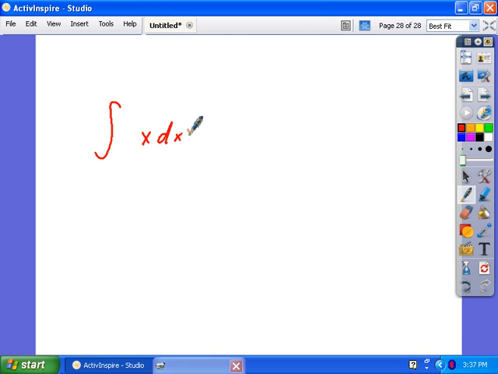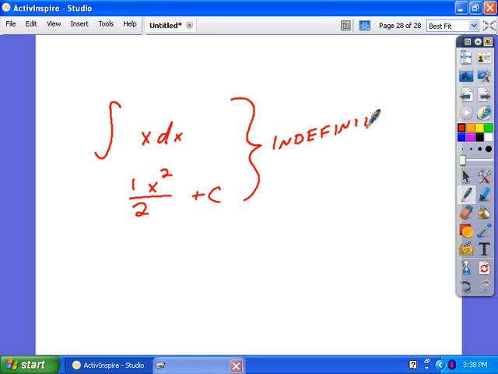When we had done this before, you take the exponent 1 plus 1, x squared, 1/2 x squared plus c. This is an indefinite integral. The reason it's called an indefinite integral is it literally is not defined. It is not defined where we are talking about.